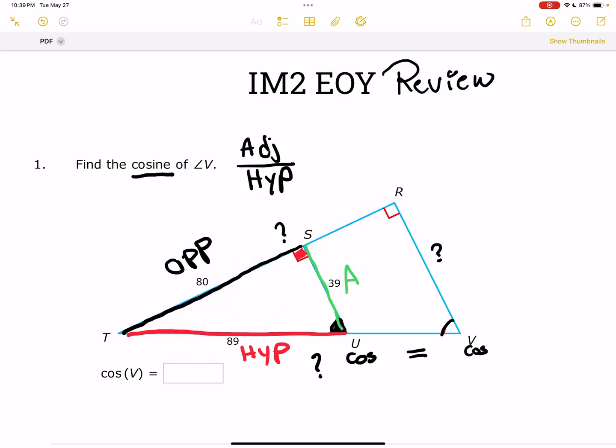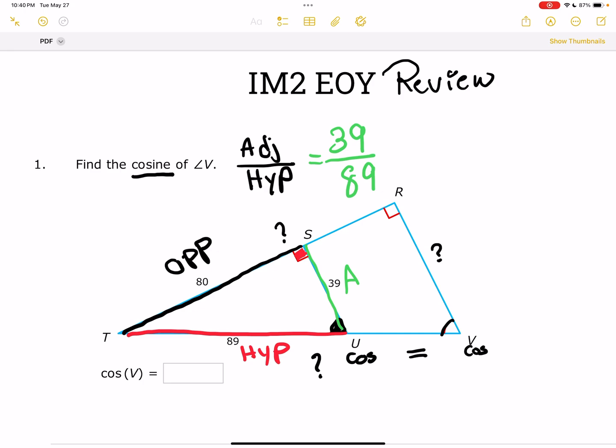Okay? Now, how much is my adjacent? It's 39. How much is my hypotenuse? It is 89. Before you put down the answer, make sure to check and see if your fraction needs to be simplified. How do we simplify a fraction?